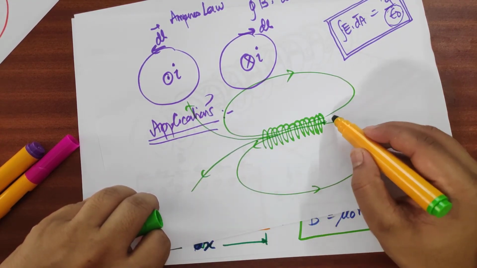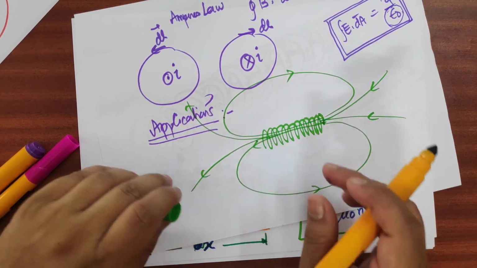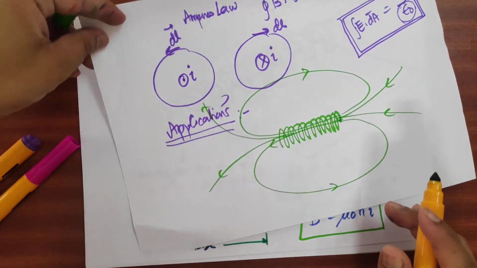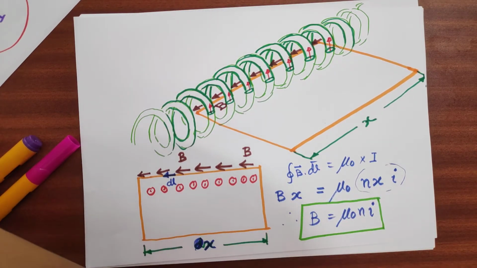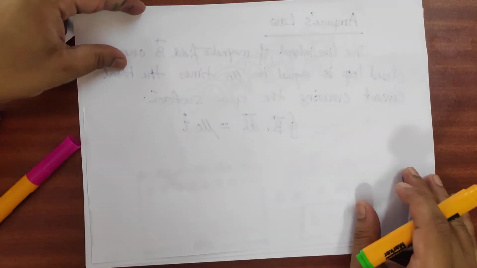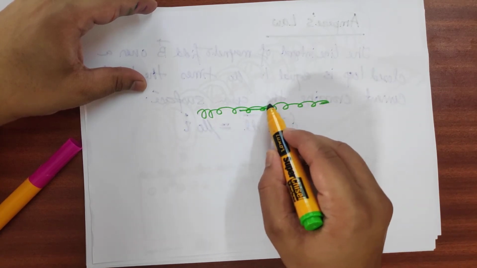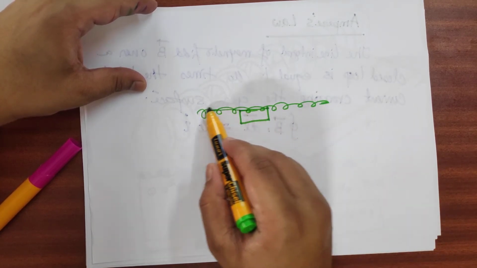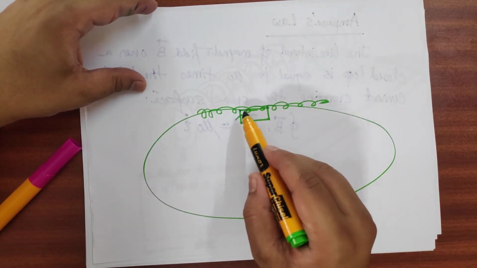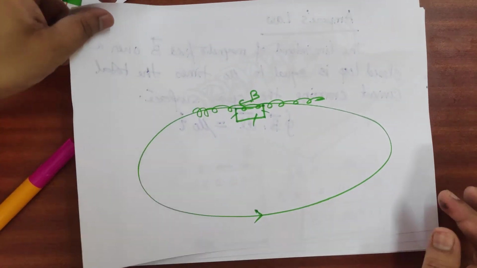But in our case, it was a long solenoid, and we were working with this rectangle here. So this looping back is much farther away, and we don't have to worry about it. There is no field absolutely here. There is field only on the axis.